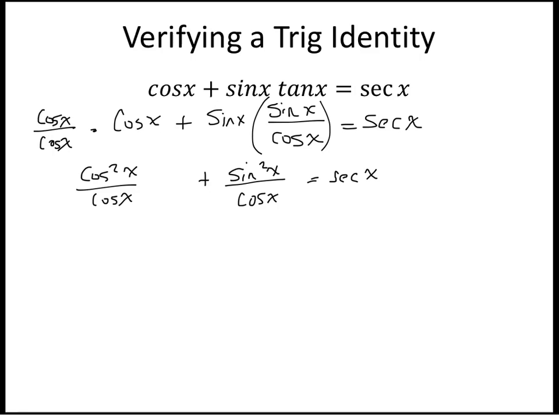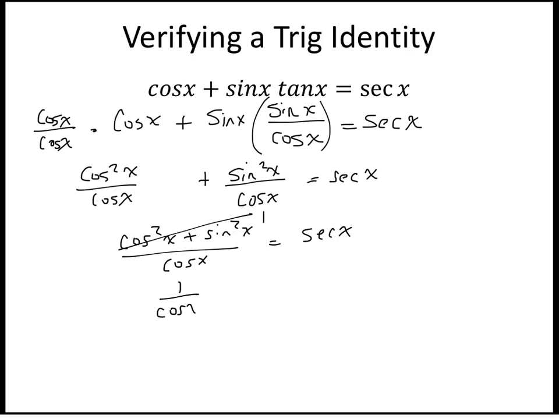I can add them together, and I get cosine squared x plus sine squared x all over cosine x equals secant of x still. I haven't done anything to that other side of the equation. And now we know that sine squared plus cosine squared equals 1. So I'm left with 1 over cosine of x equals secant of x.